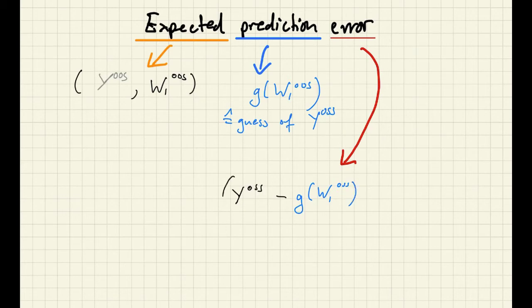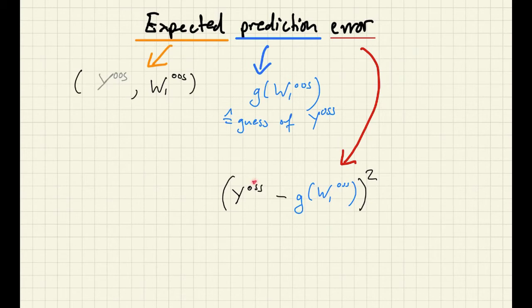Let's square this so that if we are exactly spot on, this will be 0, then the square is also 0. If we are slightly off in one direction or the other, it will be a small positive number, and if we are off by a lot, then this will be a large positive number.